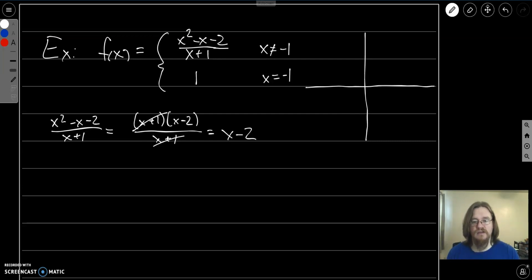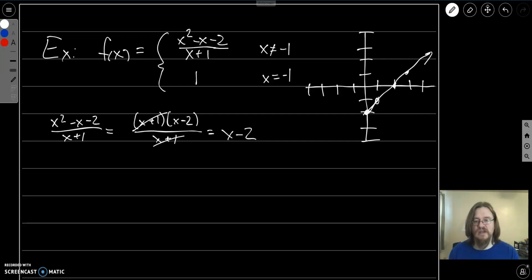So let's graph x minus 2. Our slope is positive 1, and our y-intercept is negative 2. So we'll go up 1 over 1. This should be a straight line, so I'll just do as best as I can.